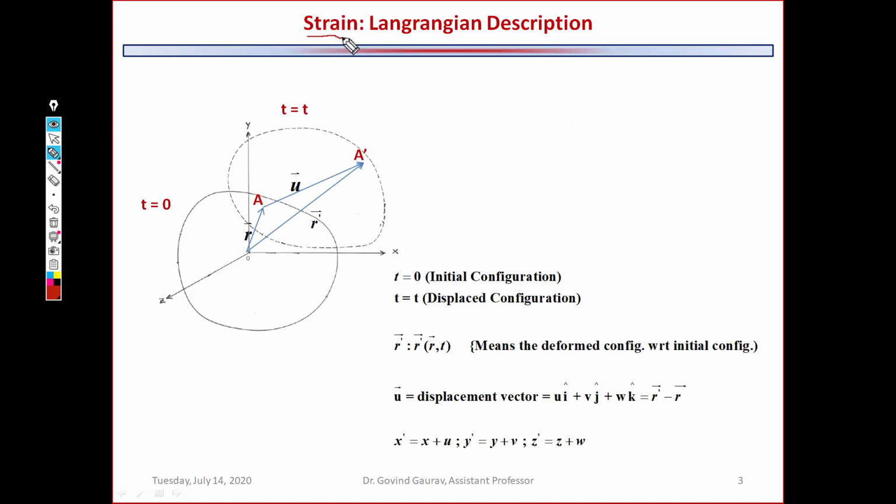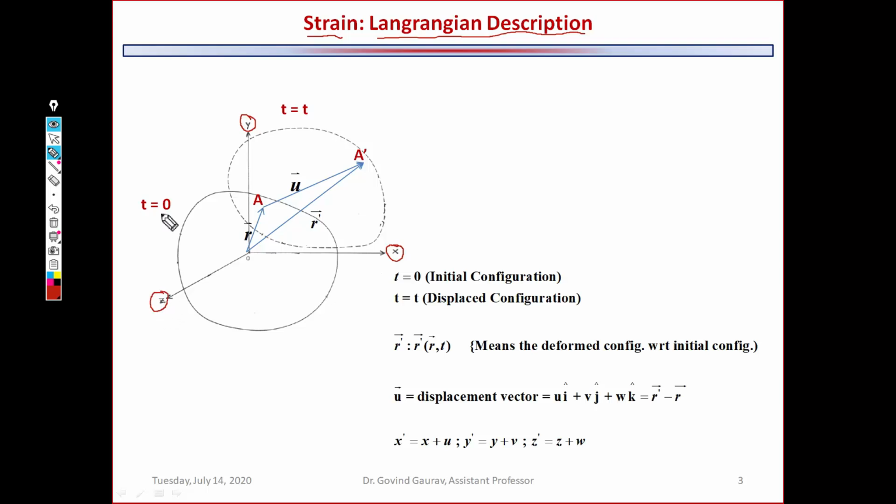Strain in terms of the Lagrangian descriptions: the deformations we will be discussing will always be with respect to the initial configuration. So here we can see a figure. This one is in the three-dimensional Cartesian coordinate system with the coordinate axes x, y and z.